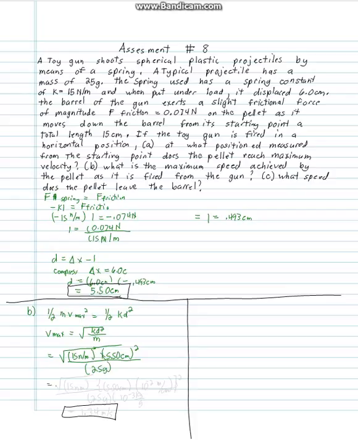Then we will continue on with 15 newtons per meter, times 5.50 centimeters, squared, over 25 grams, with 10 to the negative 3 kilograms over grams.